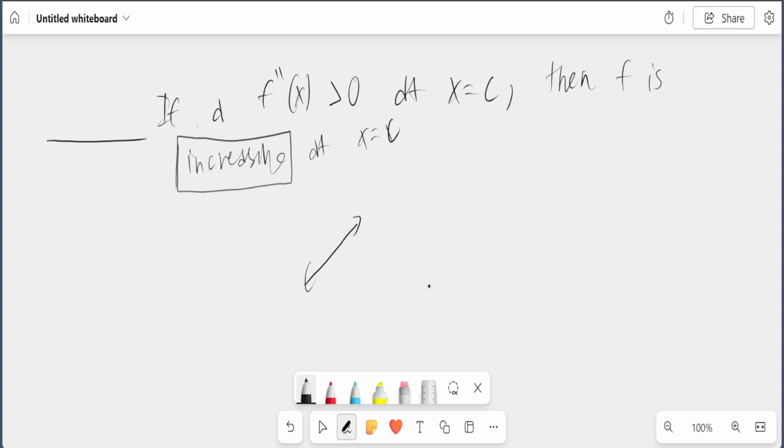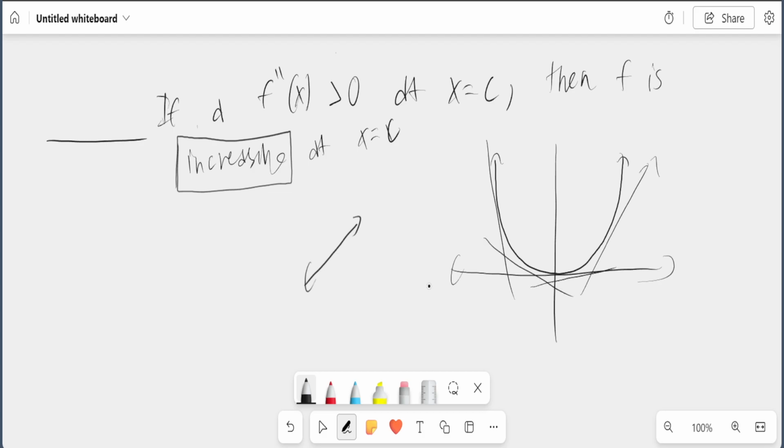Let's look at this concave up function. Does everyone agree this is concave up? The slopes are increasing as you go across. But over here, the function is not increasing, it's decreasing, because the derivative is negative.